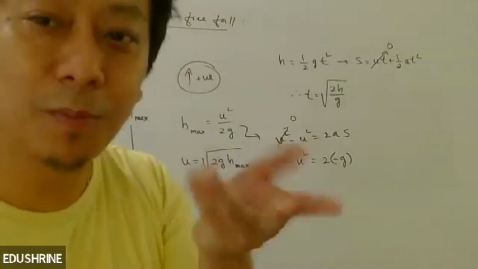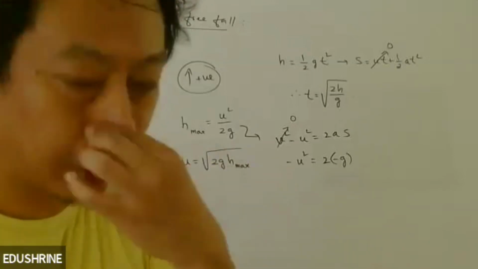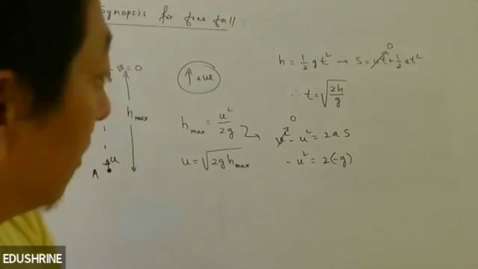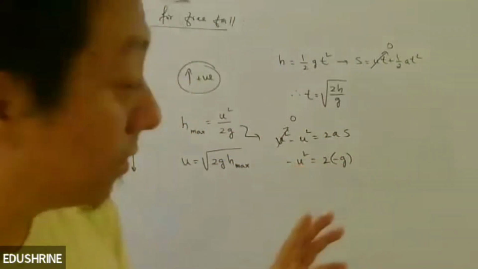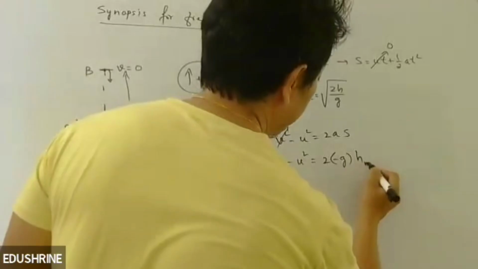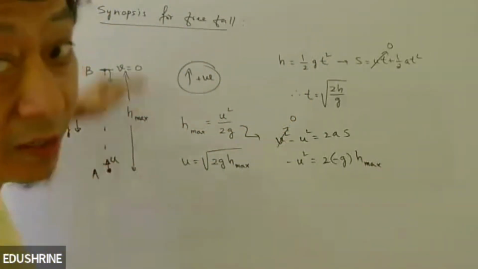Whether you go up or not, it doesn't matter. Whether you sleep or brush or whatever you do, acceleration due to gravity is down and constant. So a is minus g. Displacement will be up, so positive, and the displacement is from here to here, which is the maximum height it could go.